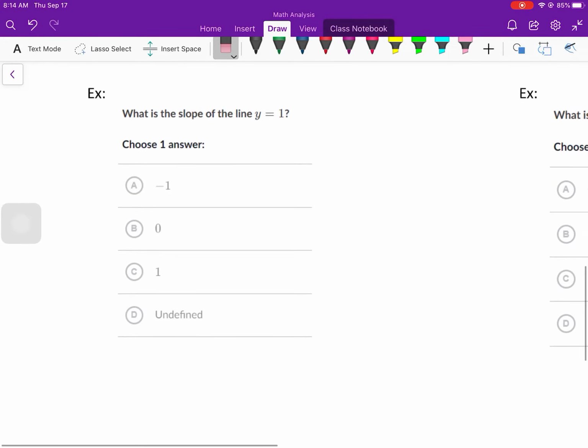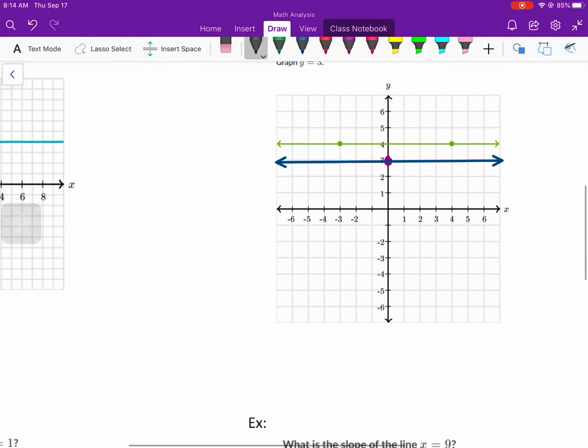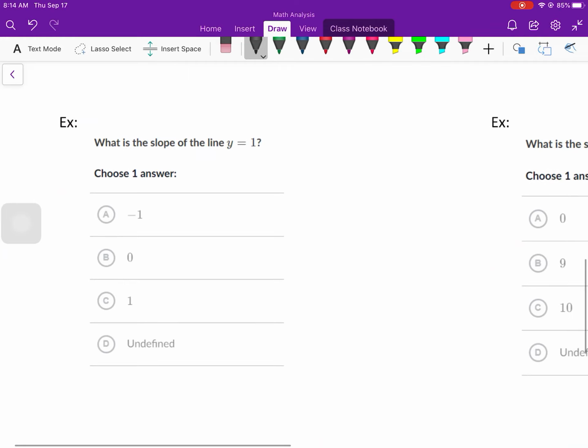All right. What is the slope of the line y equals 1? Well, if you remember, y equals 1 is that horizontal or vertical. Well, if I was to graph it, it would be a horizontal line, right? So that means it has a 0 slope.